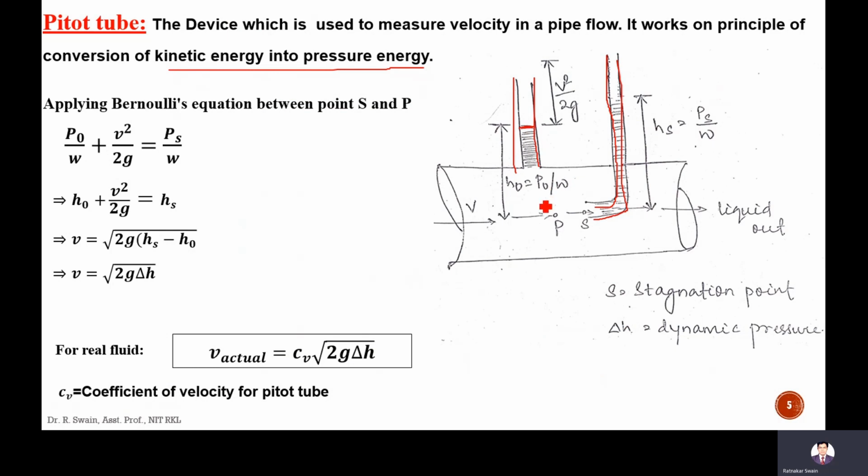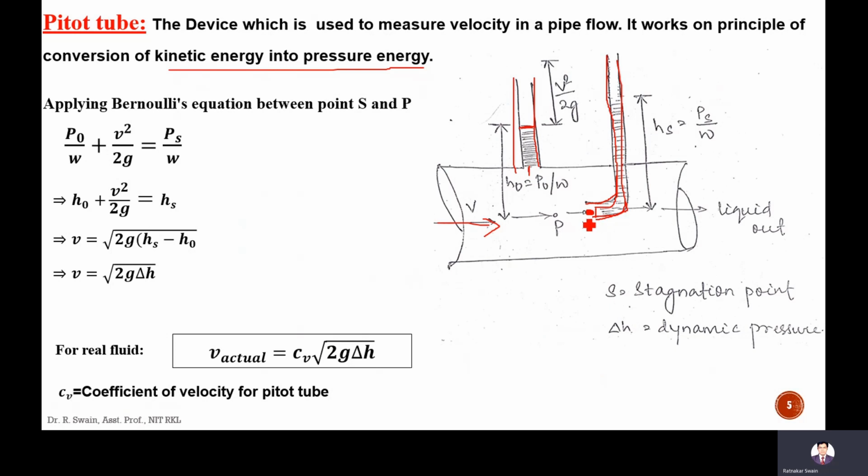If you apply Bernoulli's equation between this point and this point, due to this flow, the flow is in this direction. So at the inlet of this Pitot tube, there will be stagnation of the flow, means stagnation of motion of the liquid.